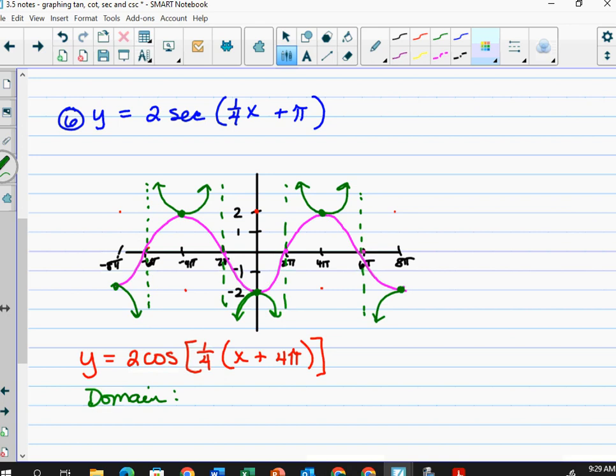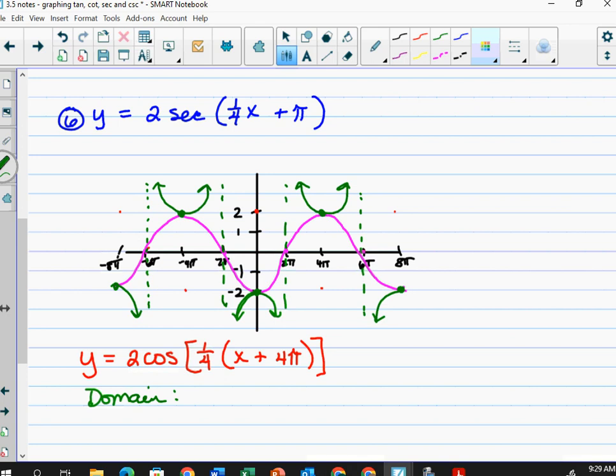Once you've got a graph, see if you can write the domain for me. The 2 pi over b is 8 pi, the period. There we go. So the pink one is the transformations for the cosine, right?